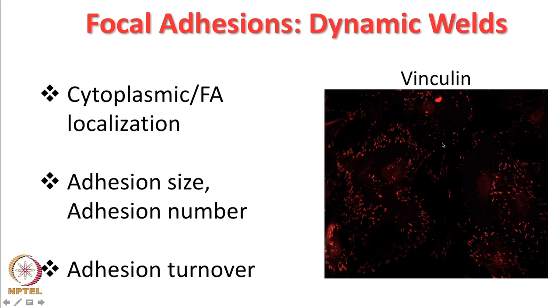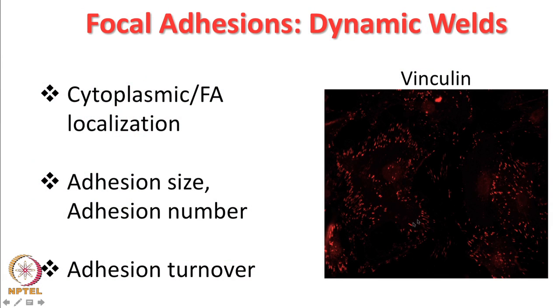In other words, you have a cytoplasmic pool and a focal adhesion pool, and you can probe the relative fraction of the protein localizing at focal adhesions versus in the cytoplasm by treating the cells with a permeabilizing agent to remove the cytoplasmic pool and then collecting the remaining contents, which will give you the focal adhesion pool.